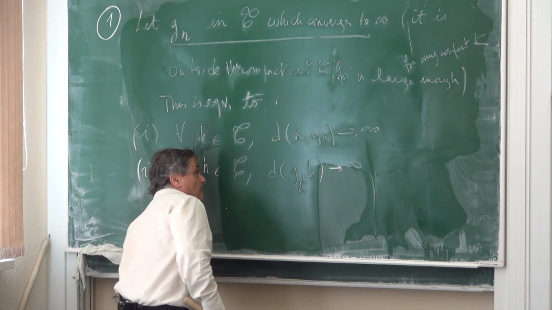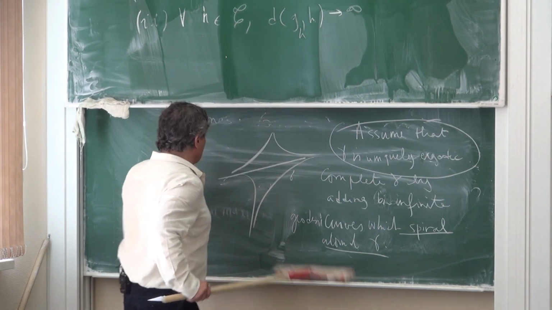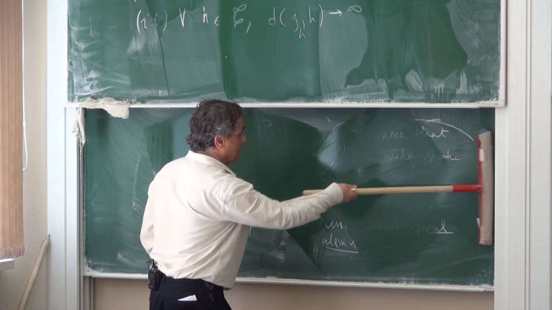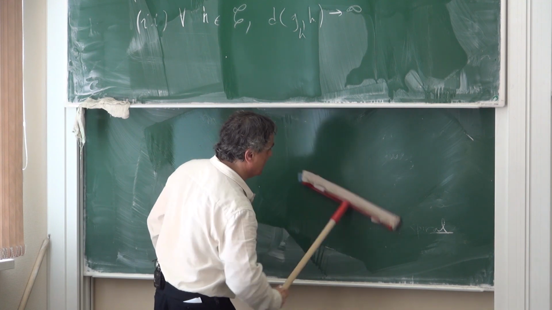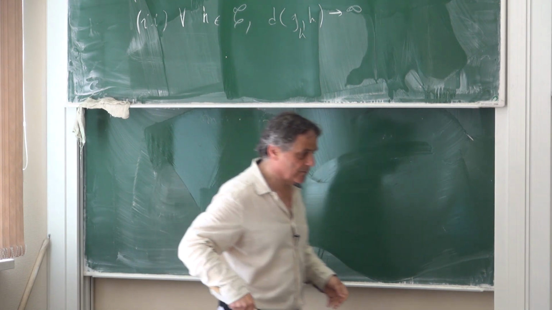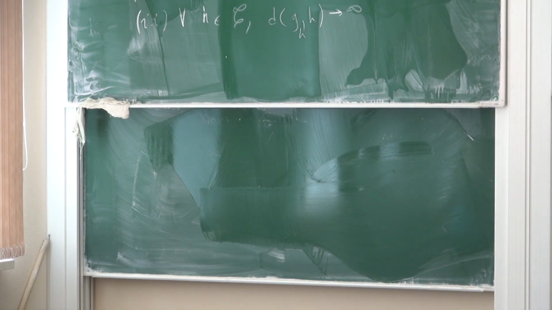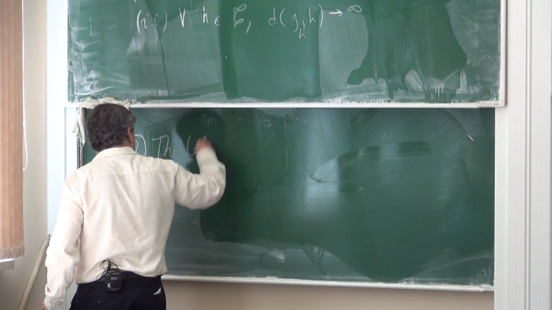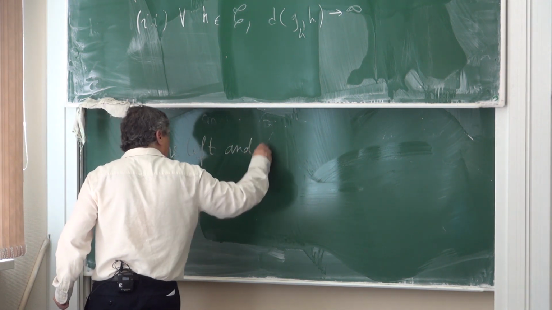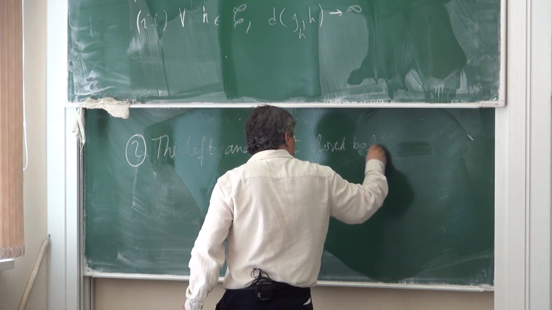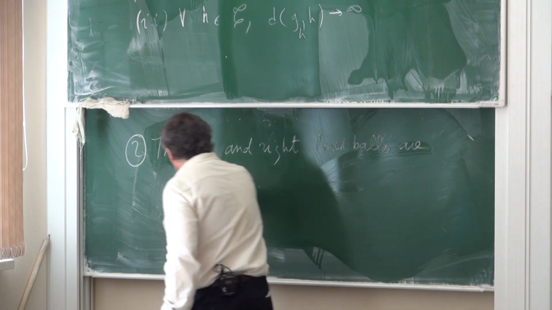The second result now about this metric is that the two kinds of balls, the left and the right closed balls, are all compact.